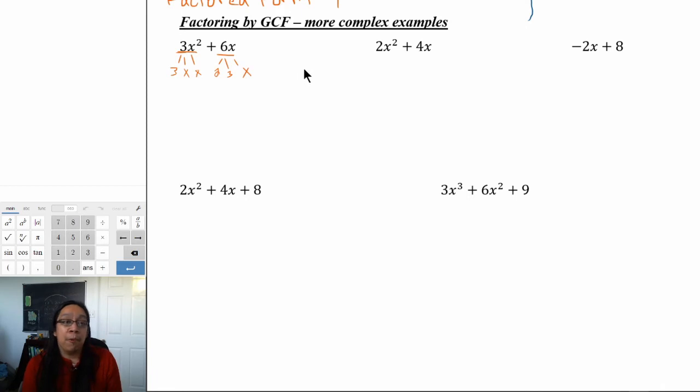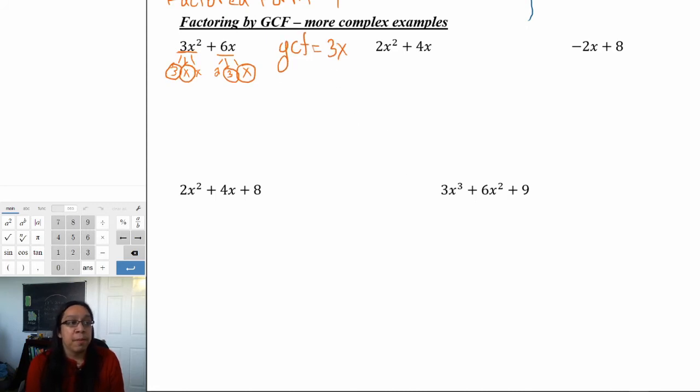So again, what you want to ask yourself is, what do they have in common? Well, they have a 3 in common. But is that all? No, they also have an x in common. So in this case, your GCF is going to be 3x.